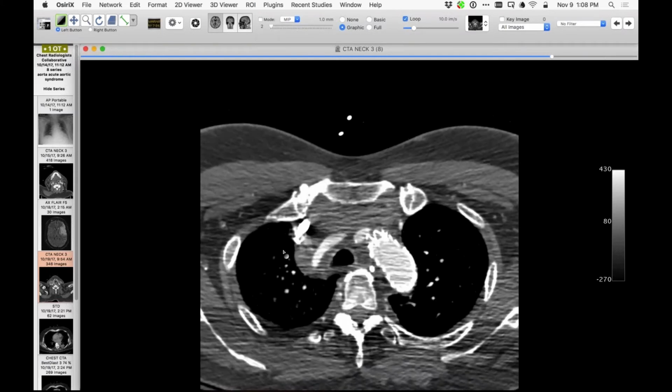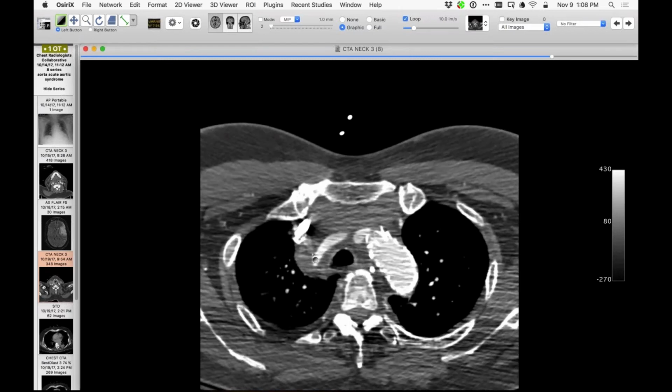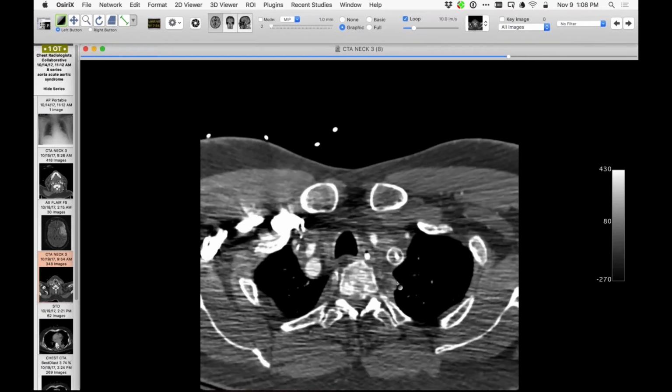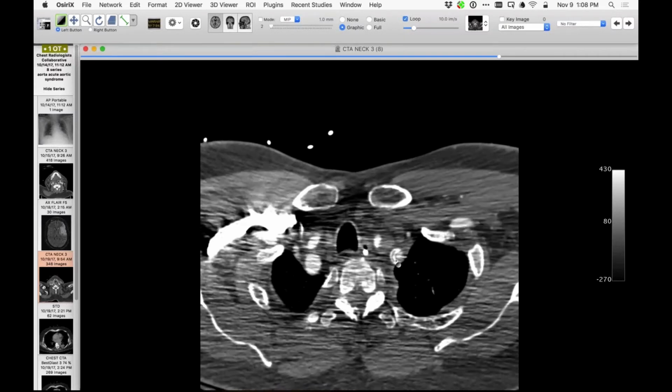So you see that there. And the lumen is narrowed, and there appears to be some mural abnormality or something definitely wrong with it. Oh, the other thing I should mention is that they also, at the time of the first operation, put in a plug here in the left subclavian artery, so that's that.